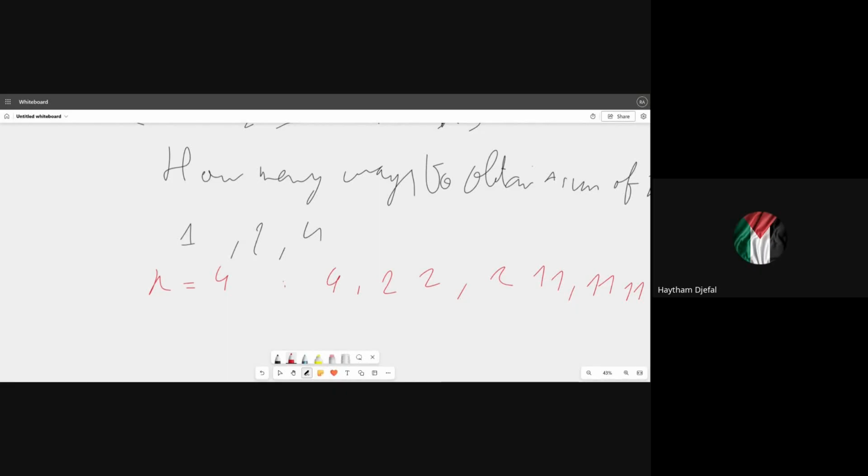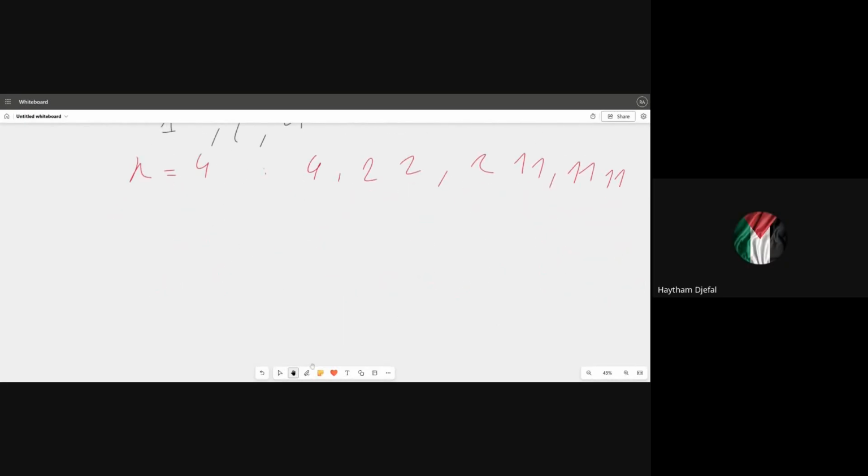For each coin in our set, we loop over the sum that we want to make, so that way we don't overcount different permutations of the same coins. And the answer will be dp of x.